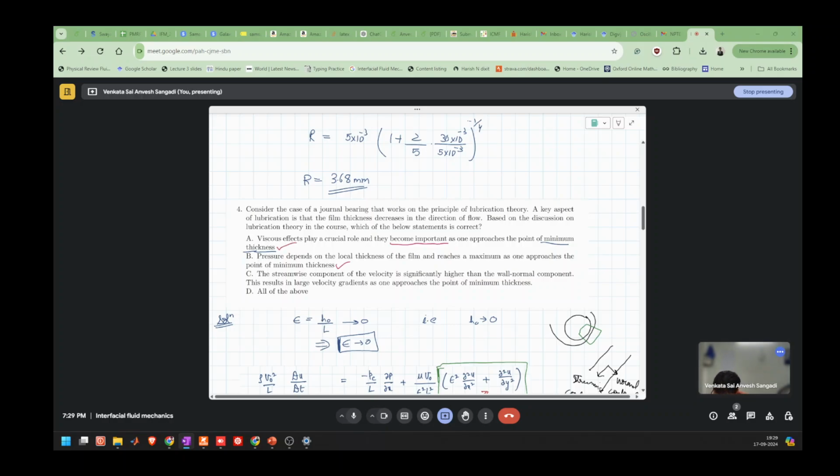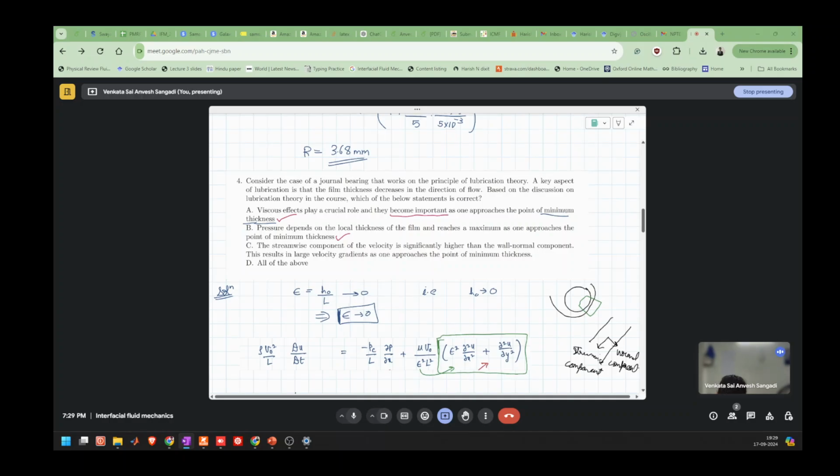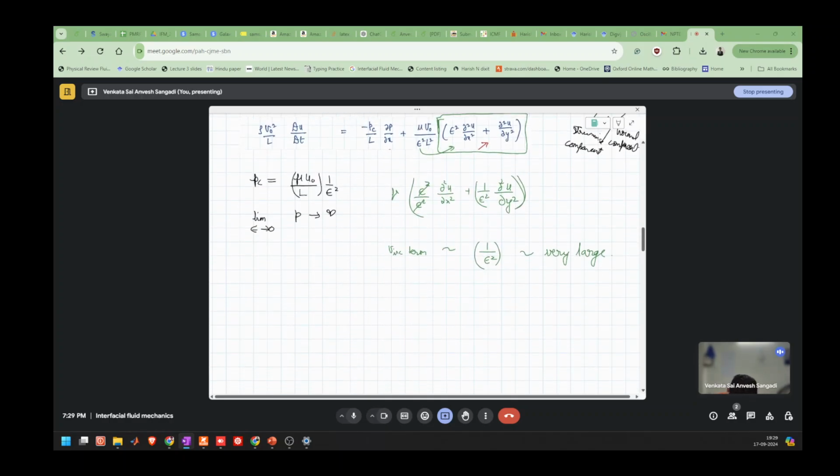Again, the streamwise component of the velocity is significantly higher than the wall normal component. So again, we'll use the continuity equation. We know that v naught is equal to epsilon times u naught.